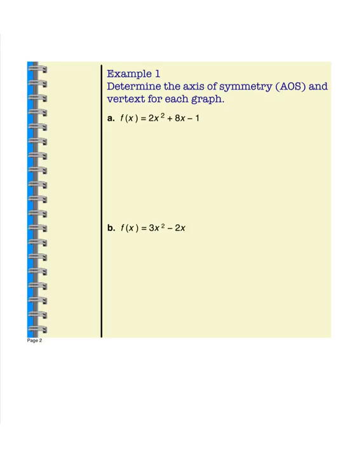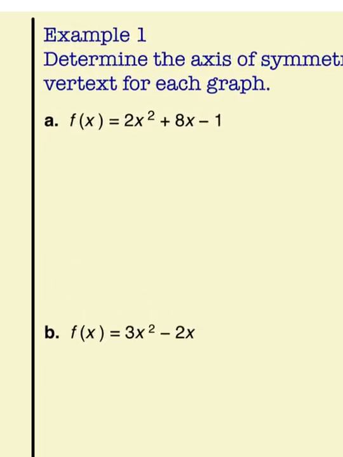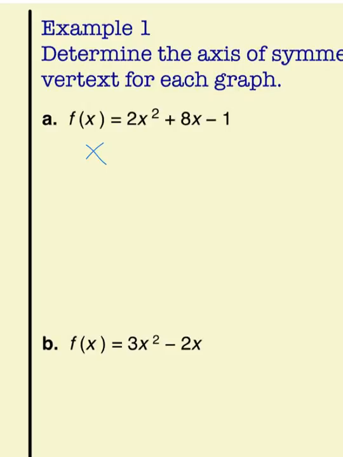Okay, example 1. We're going to find the axis of symmetry and the vertex for each graph. All right, so in our notes, we said the axis of symmetry can be found by using x equals negative b over 2a. Now we're just plugging in the numbers b and a and solving for x. So b is 8, and a is 2.